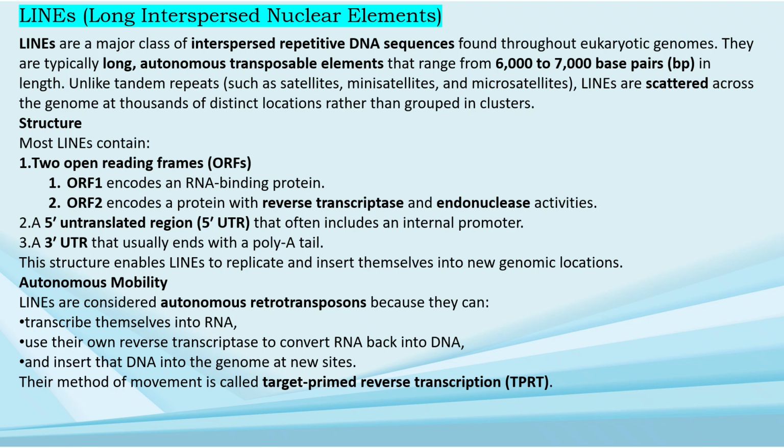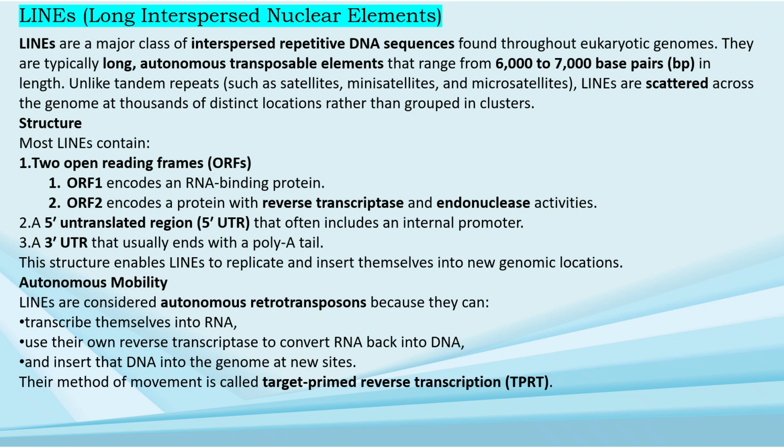Looking into the structure of these LINEs, most of the LINEs contain two open reading frames, that is, ORF1 encodes an RNA binding protein, ORF2 which encodes a protein with reverse transcriptase and endonuclease activities. A 5' untranslated region that often includes an internal promoter, and a 3' untranslated region that usually ends with a poly A tail.